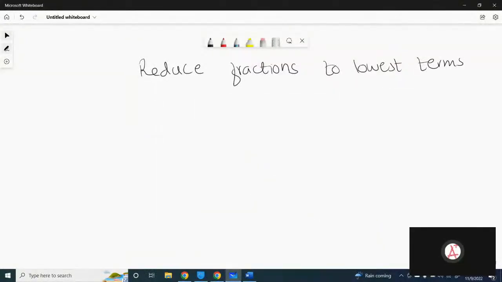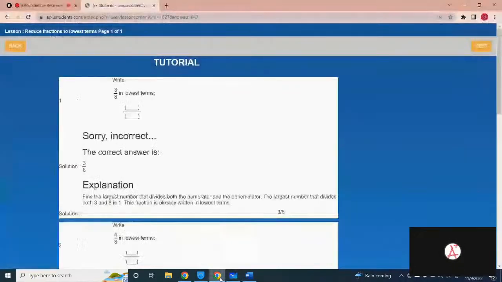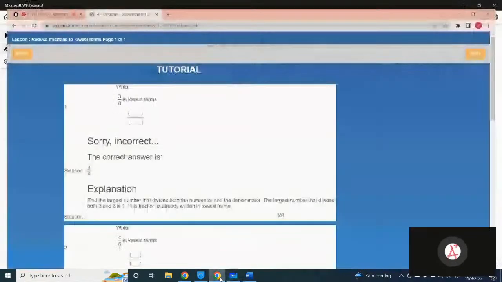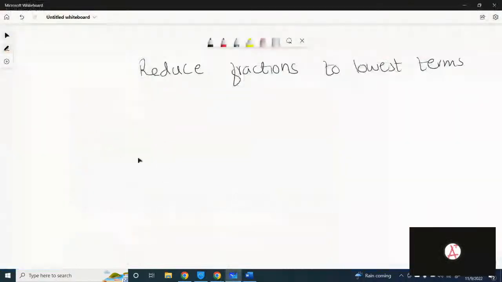Okay, let's start with an example. Write 3 by 8 in the lowest form. 3 over 8. What you have to do is find the largest number that can divide both numerator and denominator. The number must be the same that you are dividing the numerator and denominator by.